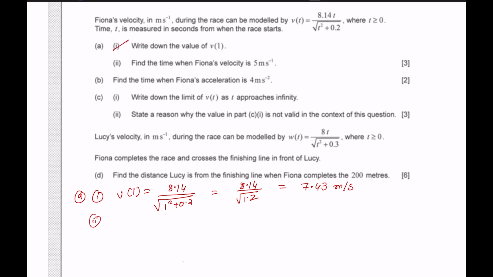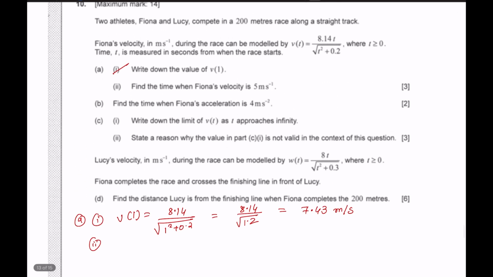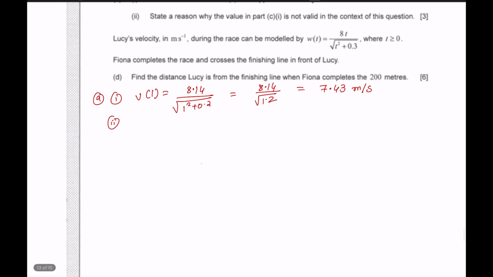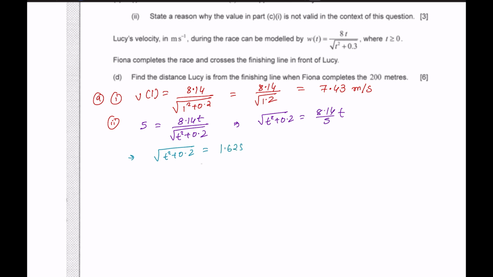Second one, the time when Fiona's velocity is 5 meters per second. Just replace v with 5 and solve this equation for t. The 5 would be 8.14t divided by root of (t² + 0.2). I can maybe simplify this a little bit. Root of (t² + 0.2) would be 8.14t by 5, which is 1.628t. So t² + 0.2 would be, if I square the right side, 2.65t².